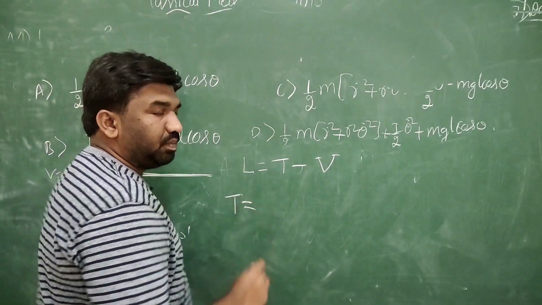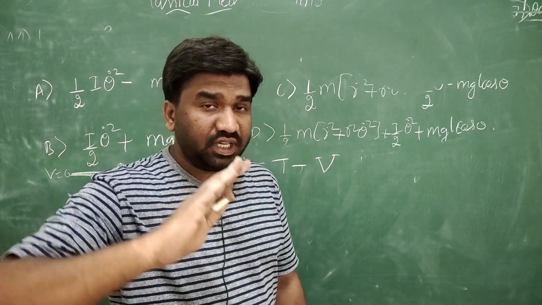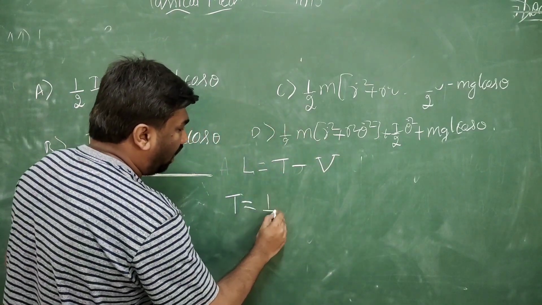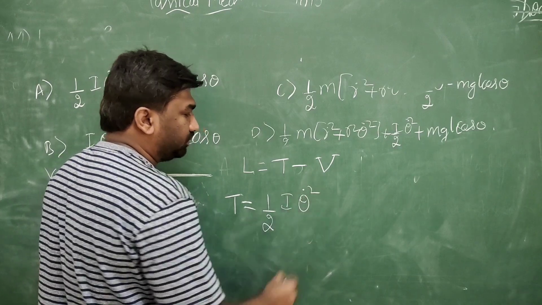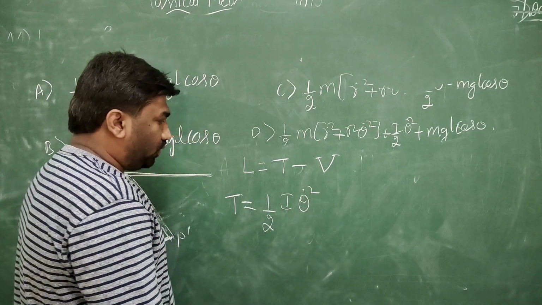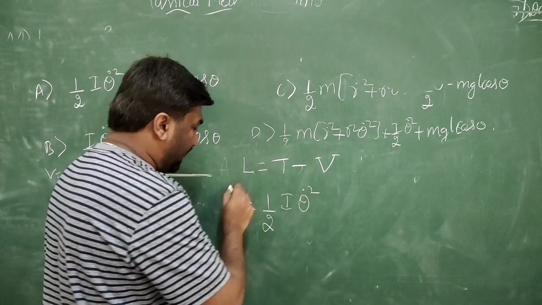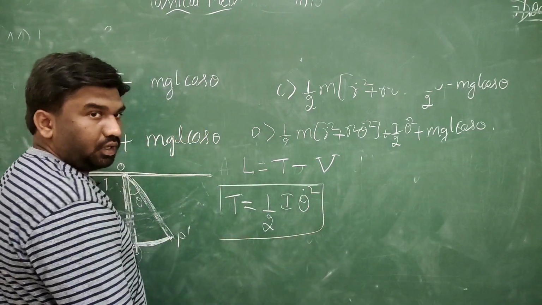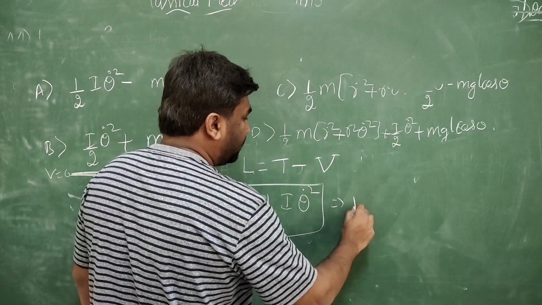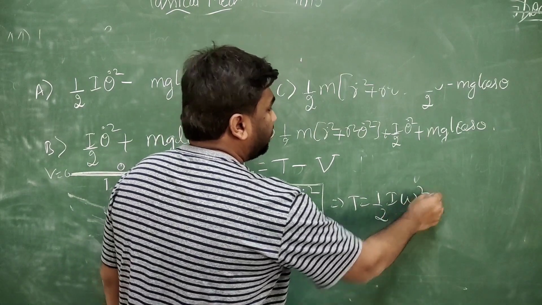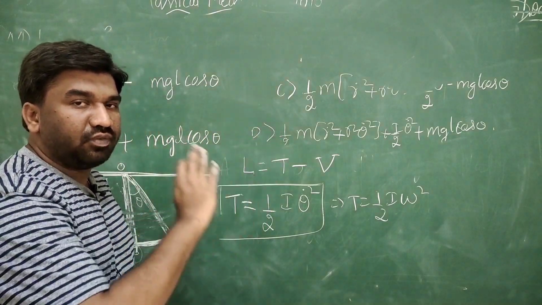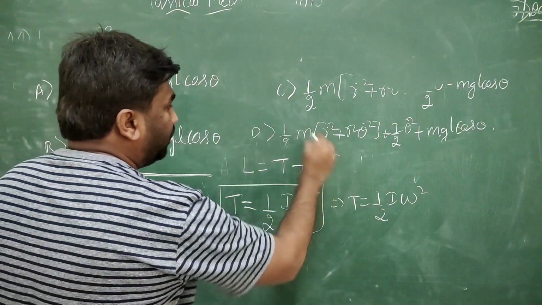For a rotating rigid body, the kinetic energy is 1/2 I theta dot square, and we can also write this as T is equal to 1/2 I omega square, because theta dot is nothing but omega, the angular velocity.